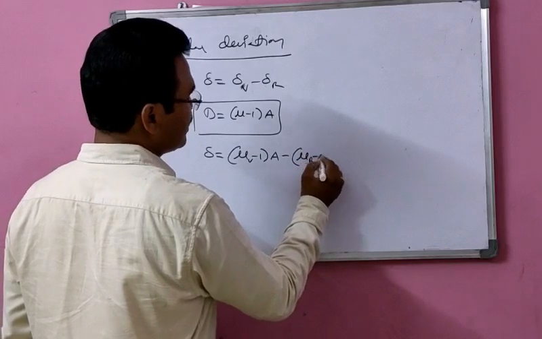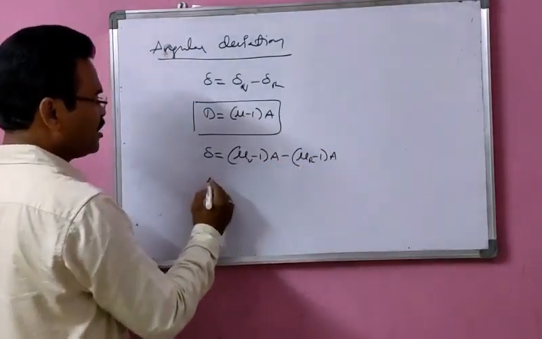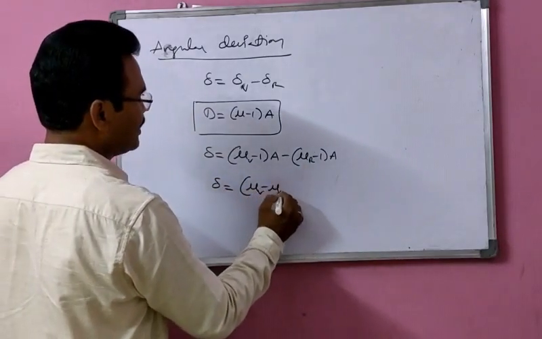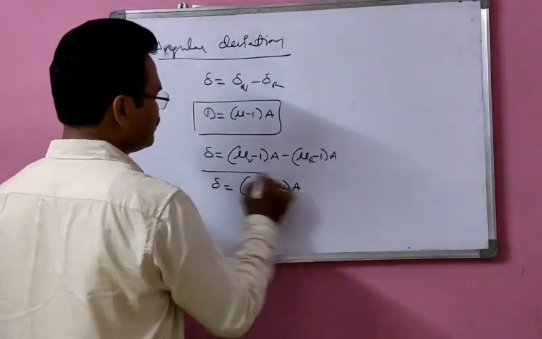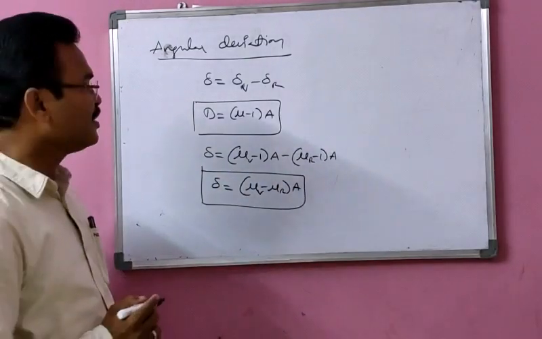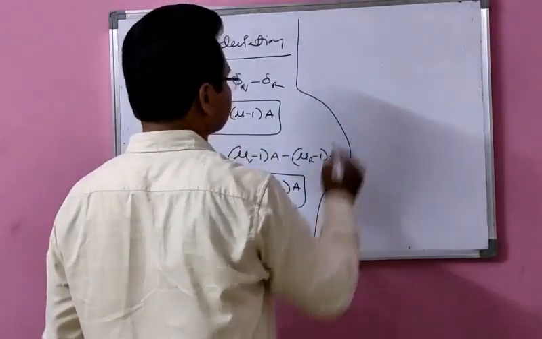Minus (mu R minus 1)A. So minus A and plus A cancel out. So delta equals (mu V minus mu R)A. So this is called angular deviation.